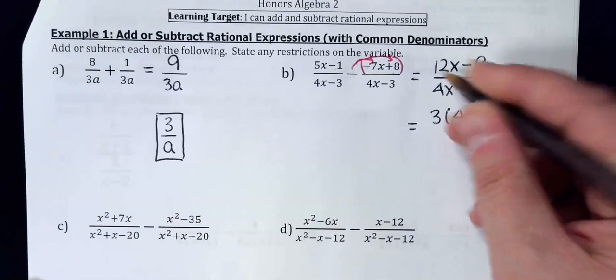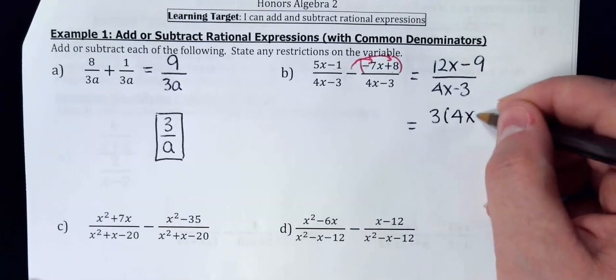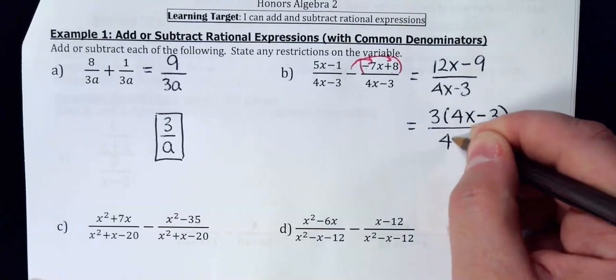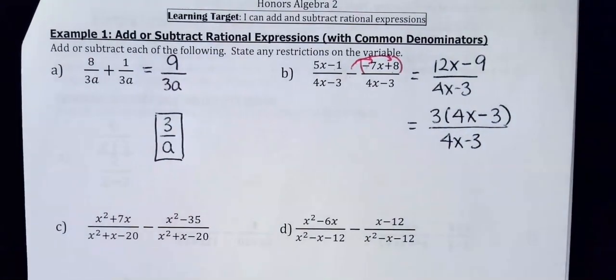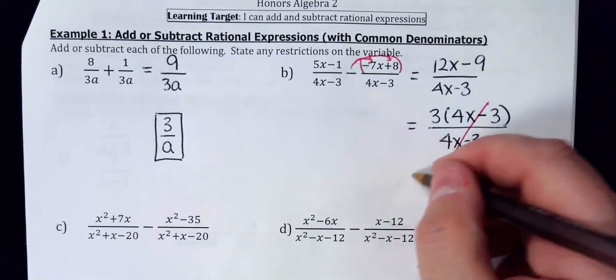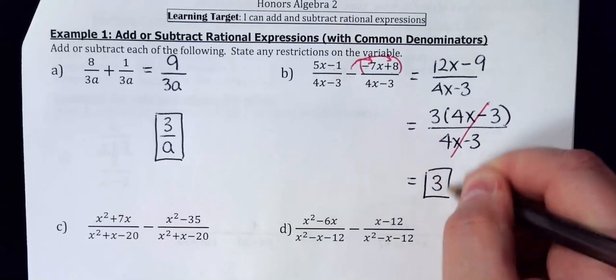We'd still have the x with it. Negative 9 divided by 3 would be negative 3. Now I do have a product on the top, multiplying 3 times that 4x minus 3. Because that matches what I have on the bottom, you are allowed to cross this out. So my answer here is actually just 3.